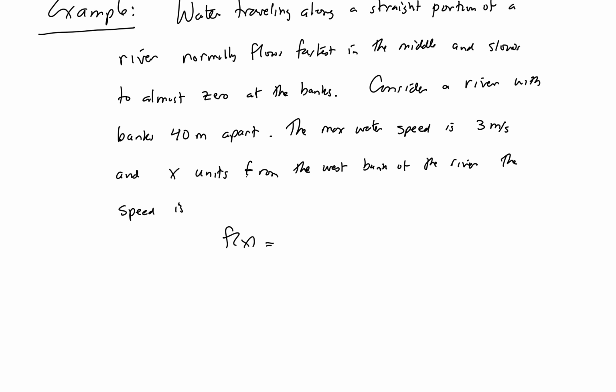This is giving me my speed is 3 over 400 times 40 minus x times x. So we can see at the west bank, when we're 0 units away, this is 0. And when we're 40 units away on the east bank, this is also 0.